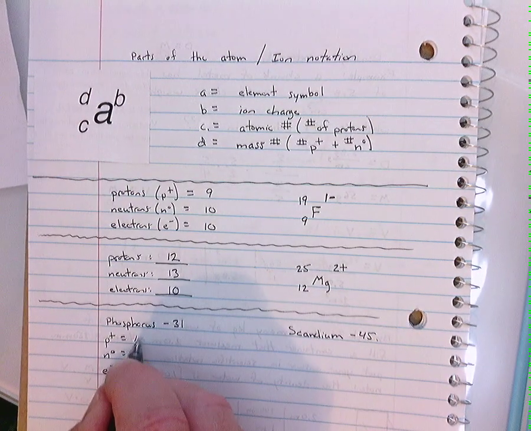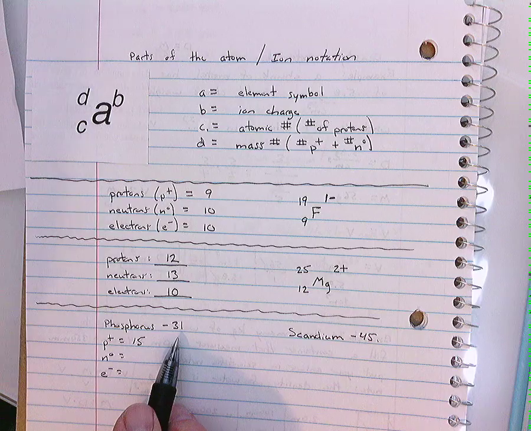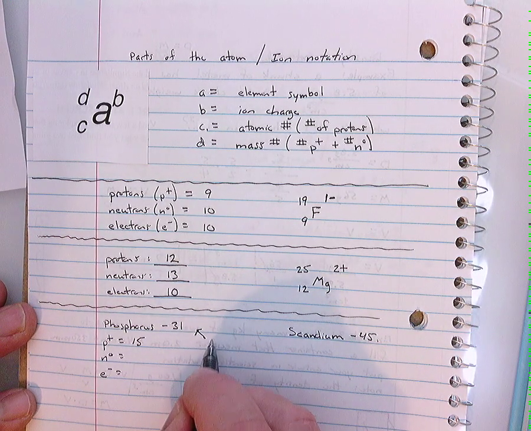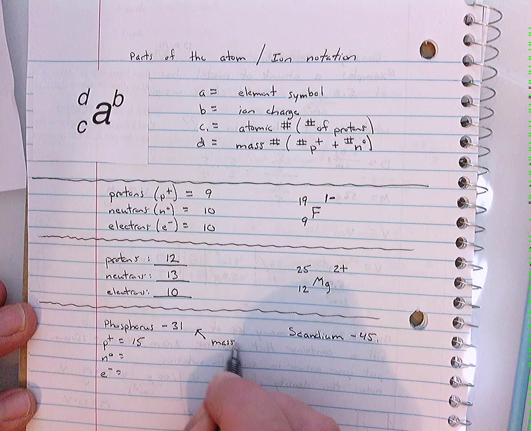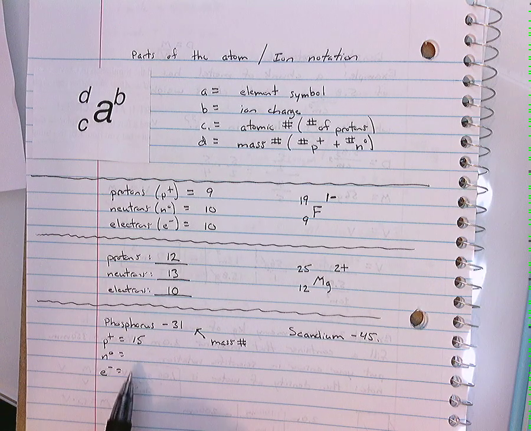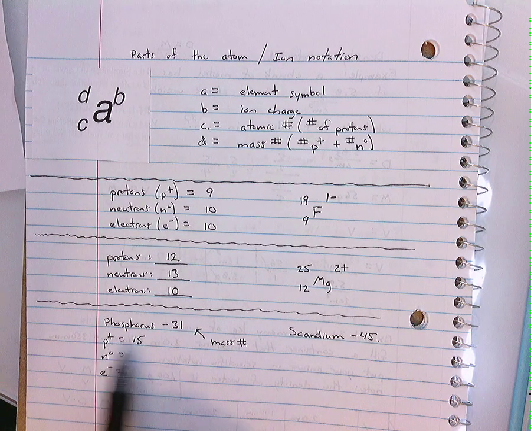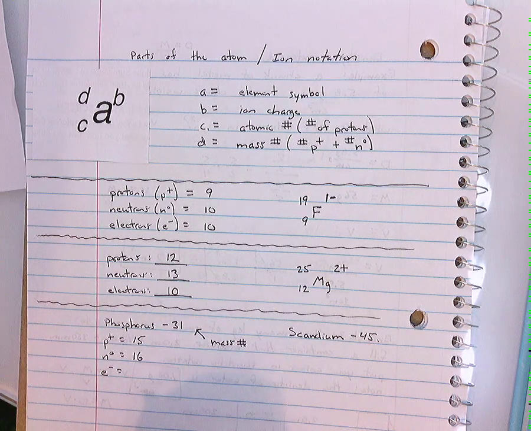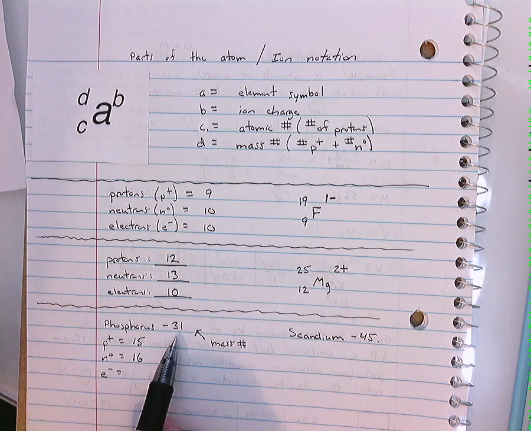This 31, or this number on the end, is the mass number. This is mass number notation. So we've got to go neutrons plus protons to get us to 31. So therefore we've got 16 neutrons. 16 plus 15 gets us to 31.